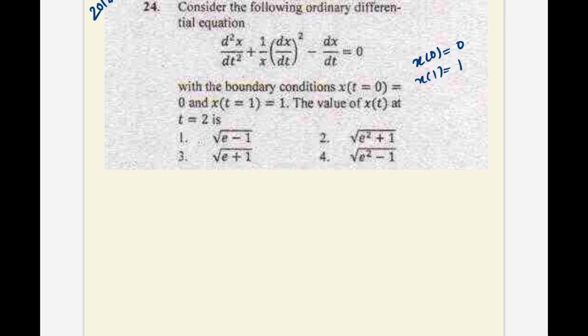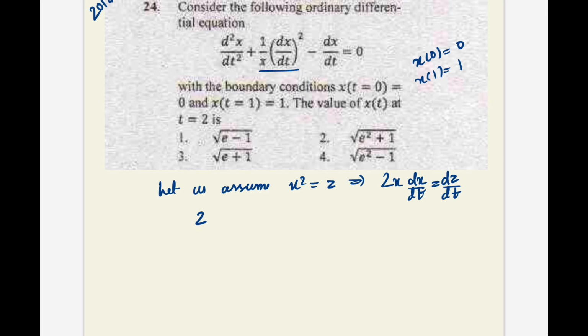Now in order to solve this type of equation, this term is a little bit troublesome. So what we do is, let us assume x square is equals to z. This gives us 2x dx by dt equals to dz by dt. Again we differentiate with respect to t.